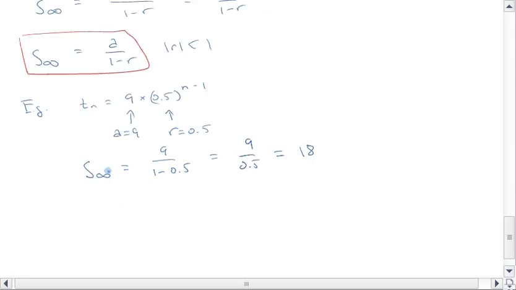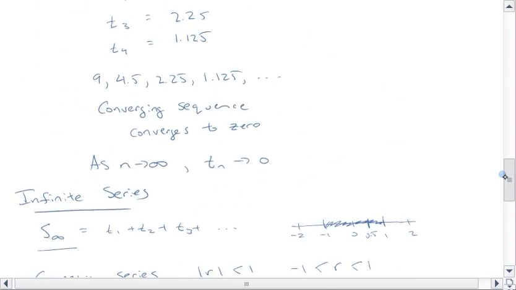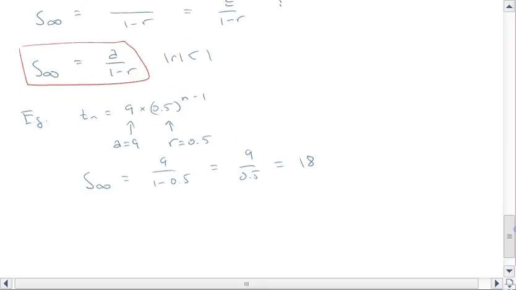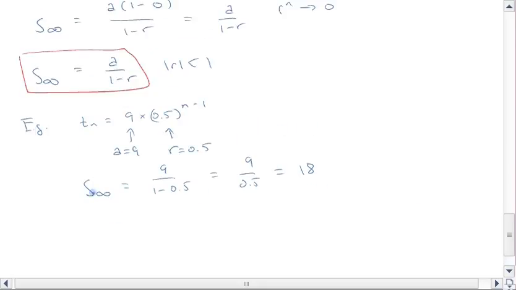We're taking this sequence up here: 9, 4.5, 2.25, 1.125, and if it keeps on going, you can add up all the numbers in that sequence, an infinite number of terms, and you get 18. The sum of an infinite number of terms of the sequence is exactly 18.